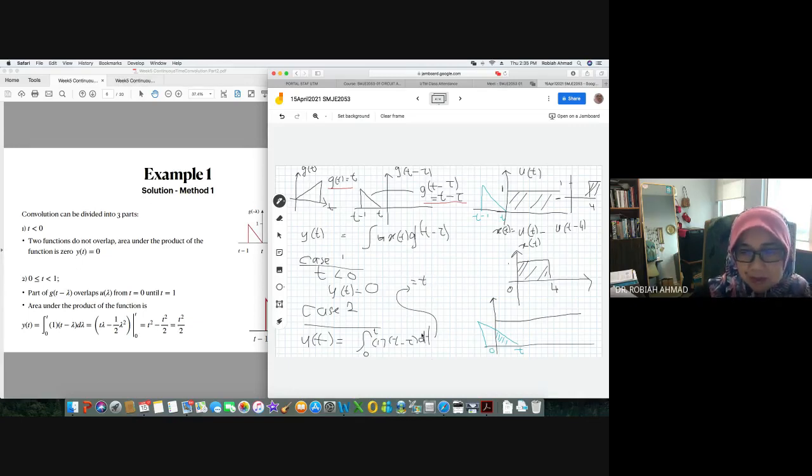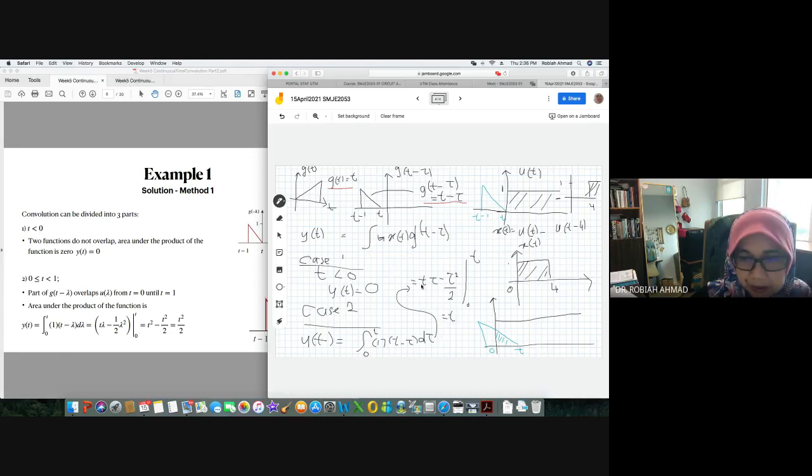So when we integrate with respect to tau, it will be t tau minus tau, which when we integrate will be tau square over 2. And then the tau will be between 0 to t. Okay, 0 is 0. So that's why we have t square.